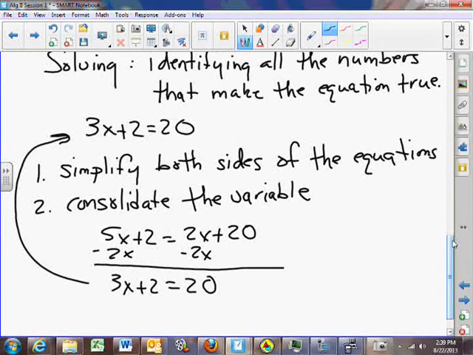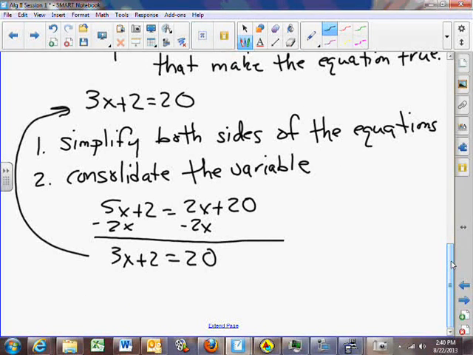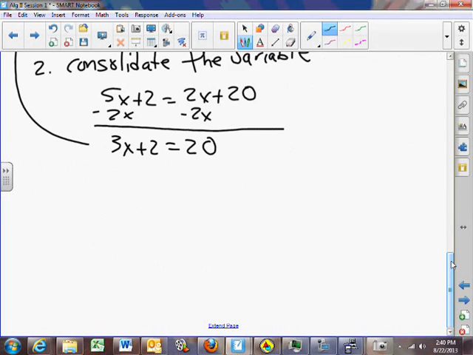Now, after you've done 1 and 2, you should have, if it's a linear equation, that's an equation where the variable has only a 1 as the exponent, something times x plus something or minus something equals a number. Now, at that particular point, we're going to go through a method that I guess would just be called solving the equation, but I'd like to talk to you a little bit first about how we think of this.